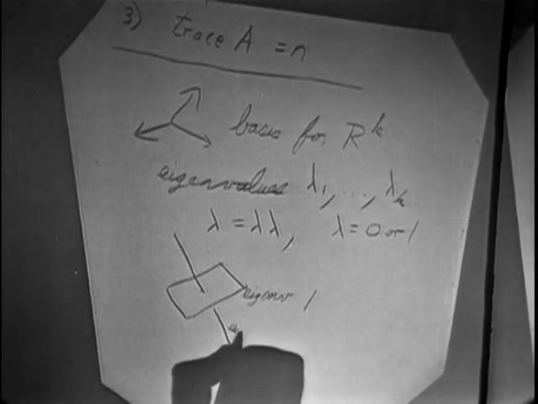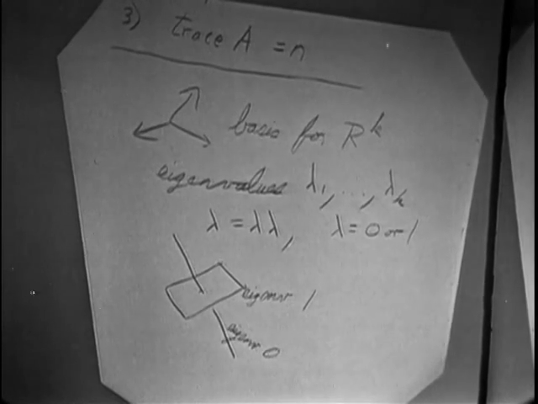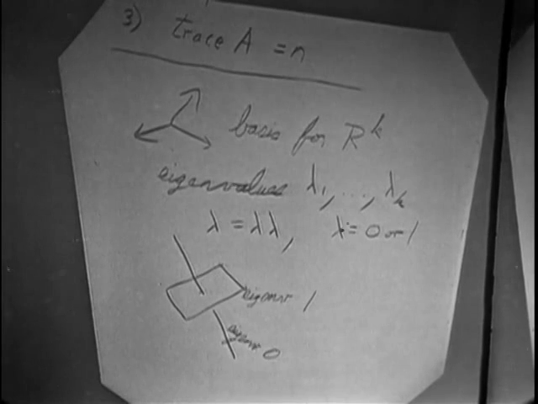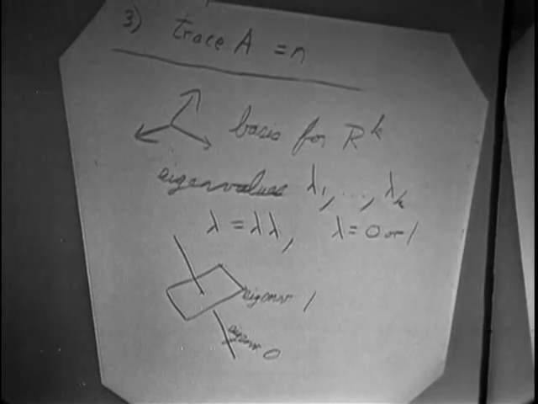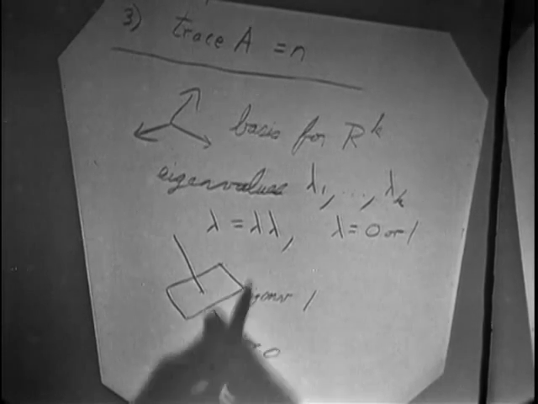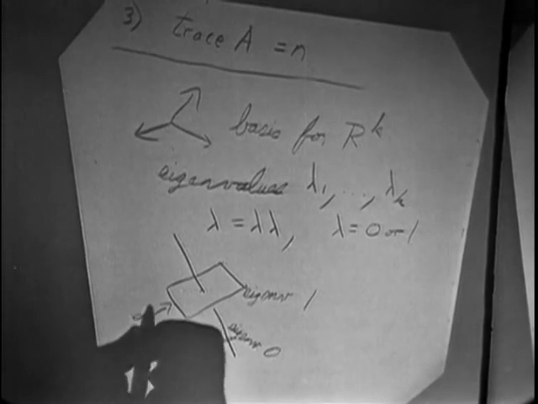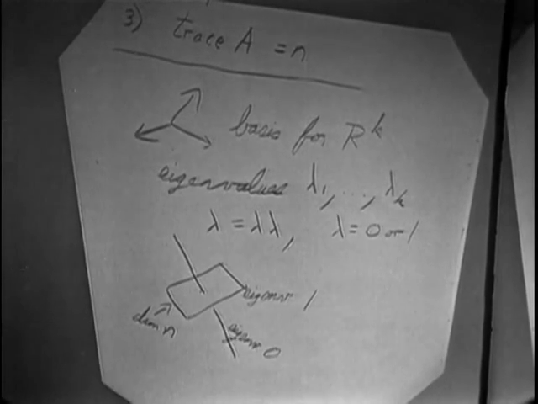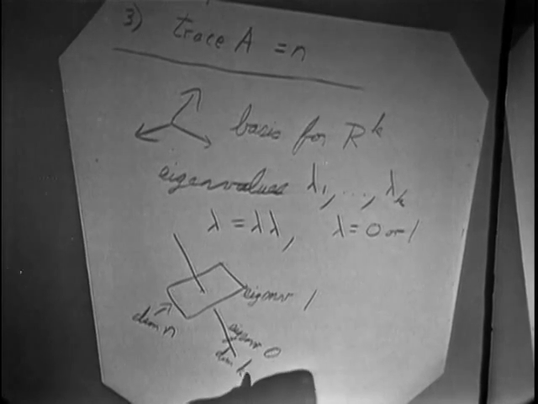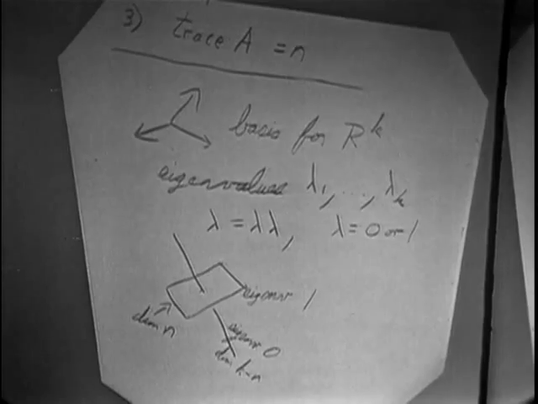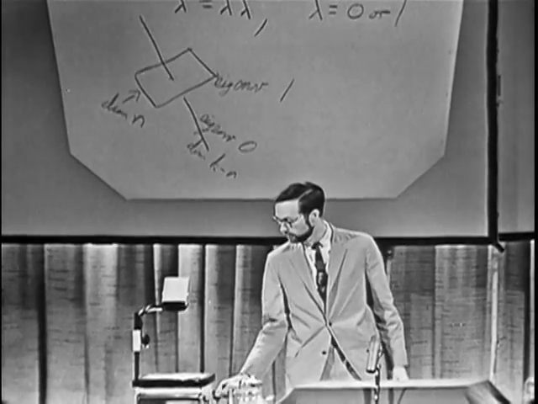These will all have eigenvalue 0, and we can see what the linear transformation does. It leaves this plane fixed and collapses the orthogonal plane to a point. Now, what is the trace of such a transformation? It's clearly just the dimension of this plane. So here we have a plane of dimension n, and the orthogonal complement will have dimension k minus n. And we see that to each plane of dimension n through the origin, there's precisely one such transformation.